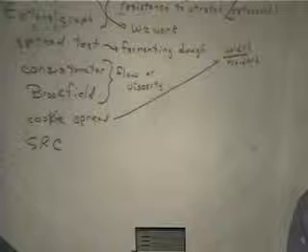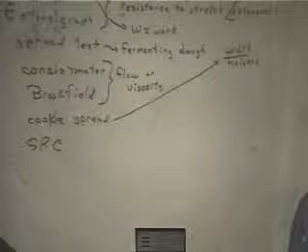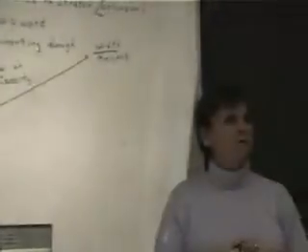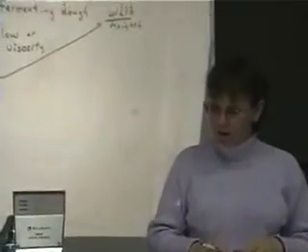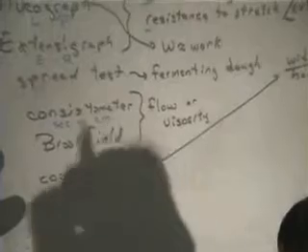You could use either one to test your cake batters in lab to make sure that you have the right flow properties for that batter. On the consistometer, you measure in either seconds or centimeters. And the Brookfield you measure in centipoise.